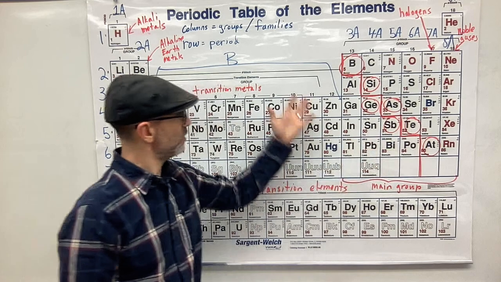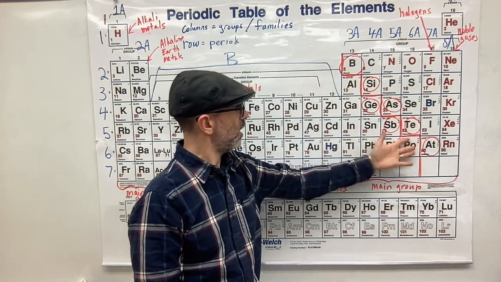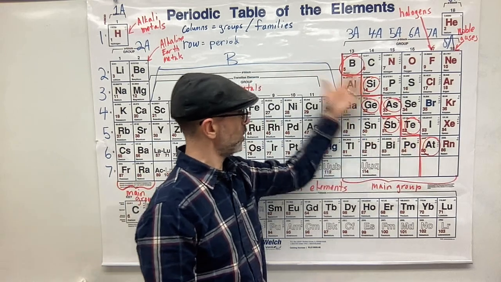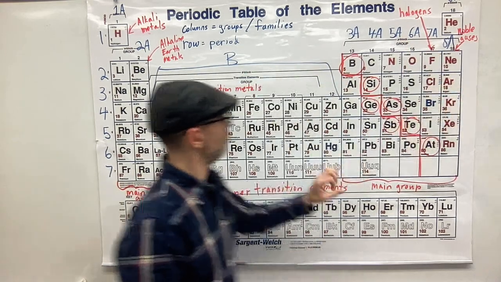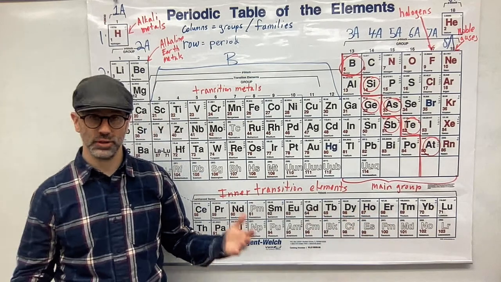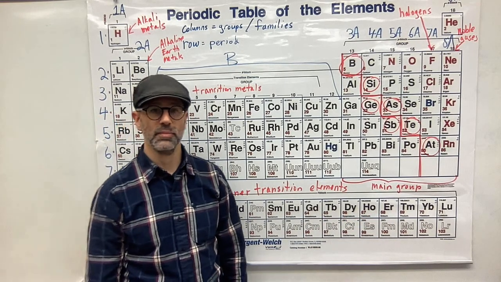So this is the region of the metalloids or semi-metals, right? So we have the semi-metals, metalloids, we have the non-metals, and we have the metals here. So you can see that by far, most of the periodic table is metals. Okay.